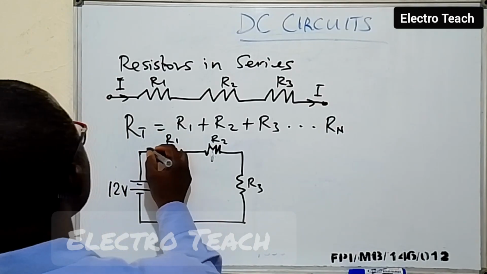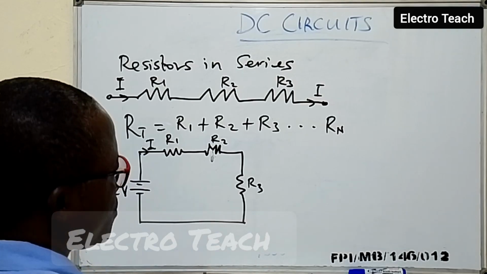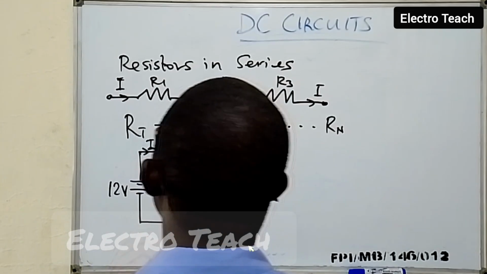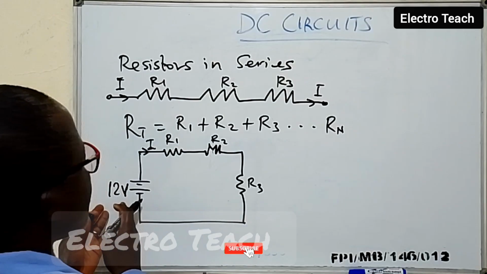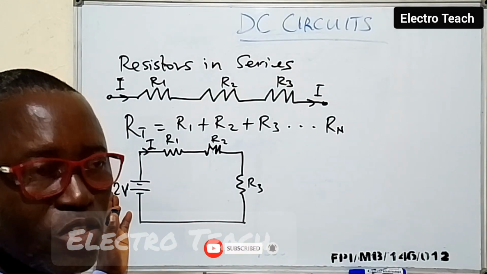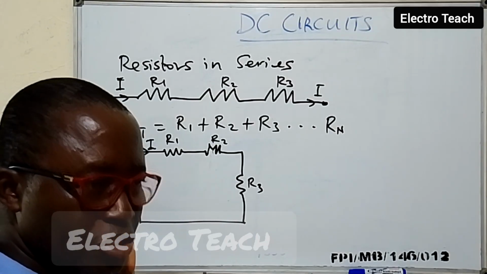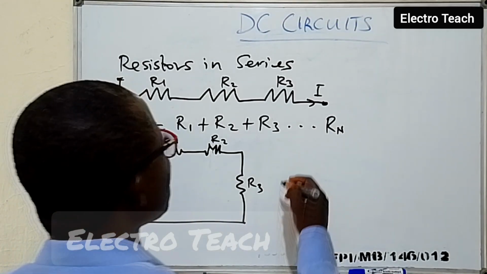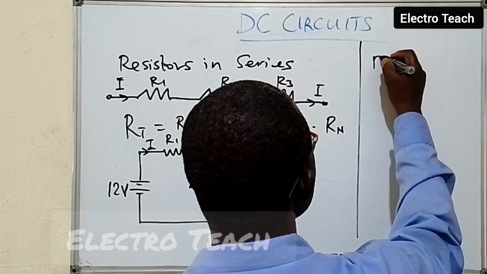We want to determine the current I flowing in this circuit. To determine the current I, we need to know the total resistance in this circuit that is presented to the power supply source, the 12 volts battery that we have here. So the total resistance in this circuit can now be calculated in this way.